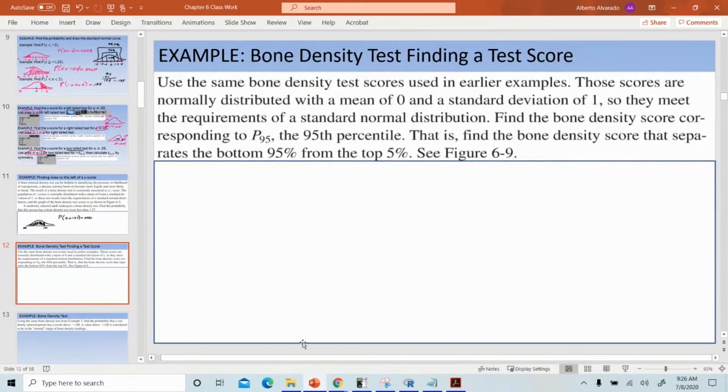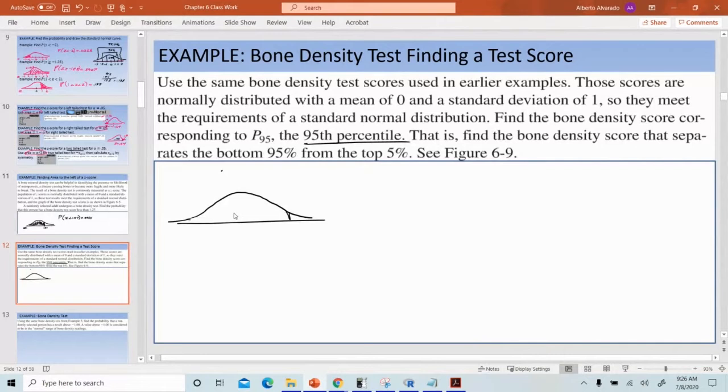I'm just going to jump to the question here. It says find the bone density score corresponding to P95. This is the 95th percentile. So we want P95. So I'm also going to draw a picture with this. P95, referring to the normal curve again, indicates a left area of 95%. So percentile is always left area. That's important to note.